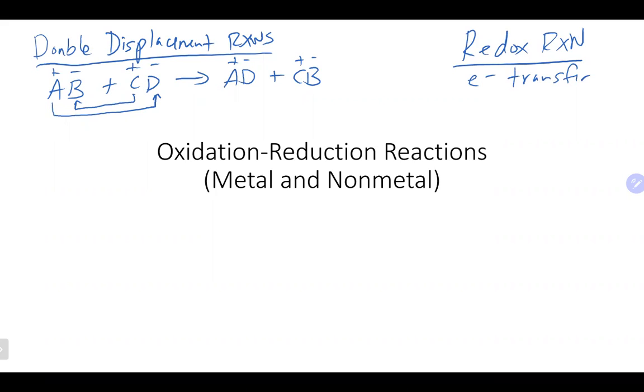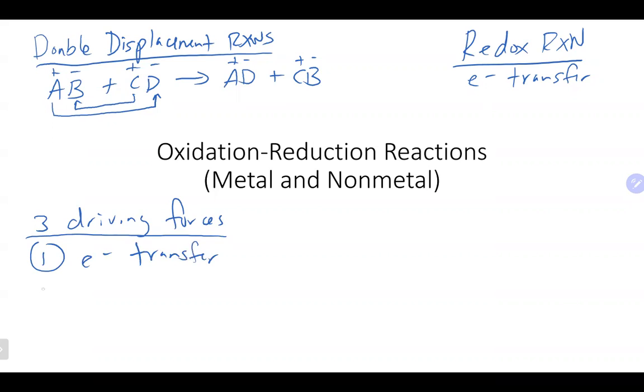As we will see, there really are three reasons why a chemical reaction takes place. The three reasons why a chemical reaction actually takes place, sometimes called driving forces for a chemical reaction, are basically an electron transfer, which we're going to talk about here, the formation of a precipitate or a solid, or the formation of water.